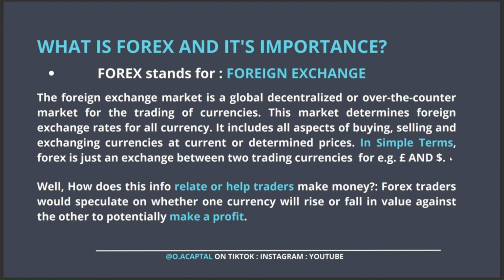Vice versa, if a trader sells the pound against the US dollar, and the price of the pound goes from 200 to 100 in their favor, they make a profit from the 100 difference. That's how traders make money from these price actions and price transactions.